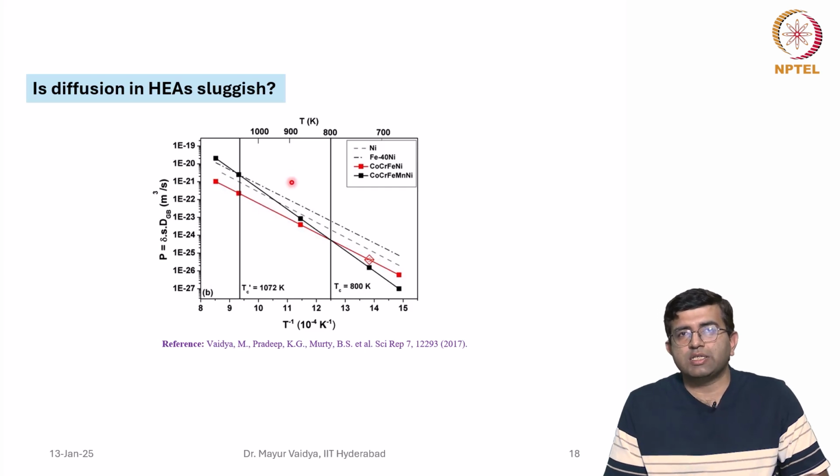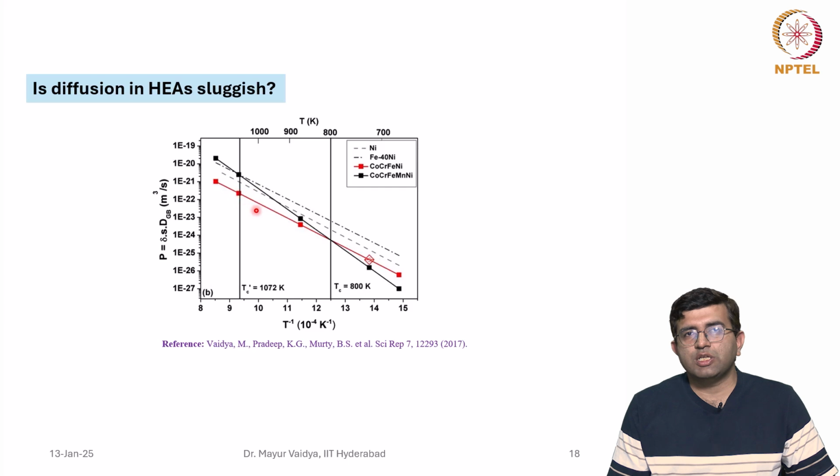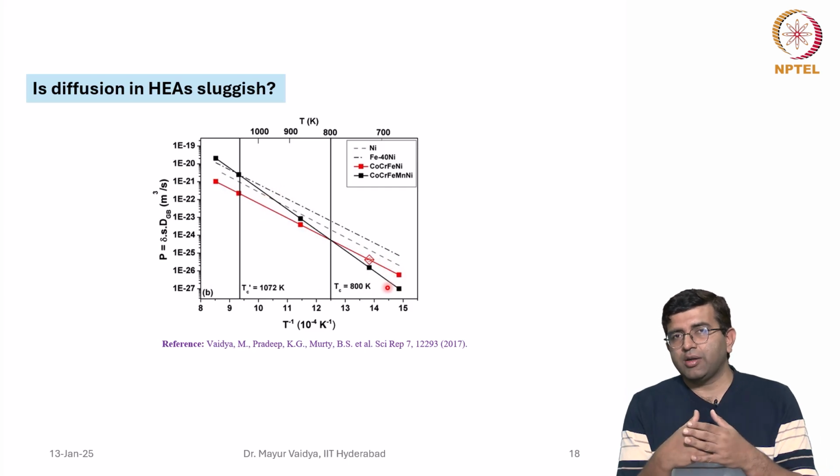For example, here we see that the CoCrFe alloy shows lower diffusivity than nickel and iron 40 nickel in this temperature range, but at the higher temperature range or in the lower temperatures the trend is slightly changed. This is because of the thermodynamic interactions that are present.